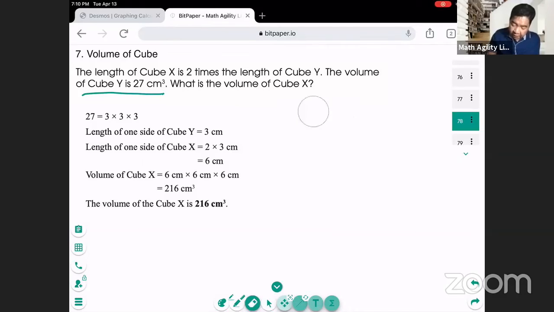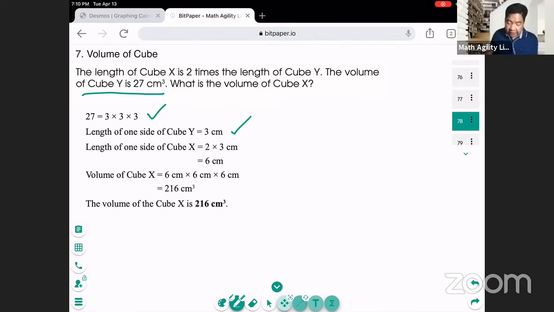So to get the value 27, when we try to get the cube root of 27, that would give us 3. So it means 3 times 3 times 3, the cube root of 27 would be the triple threes, right? Which is this. And then the length of one side of cube y is definitely 3, right?